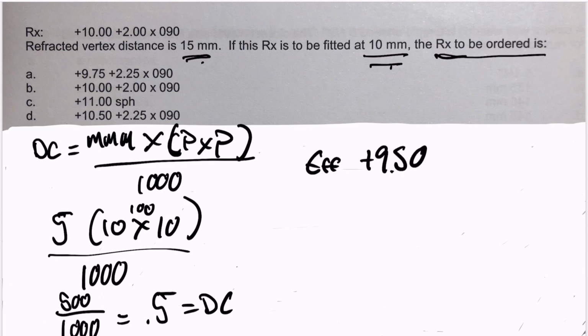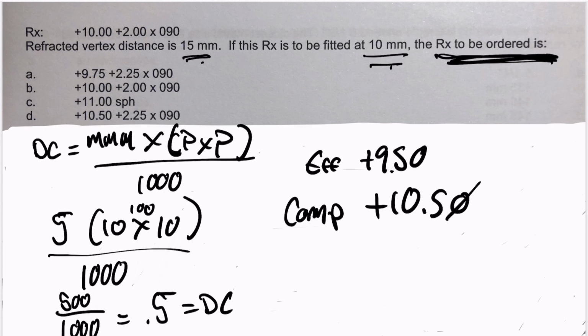But we're asking what is to be ordered. So in ordered, we need compensated. So we know that our compensated power is going to have to be a +10.50. Quick thing about taking the ABO exam or any multiple choice exam. If you look at this, knowing that we are going to need a stronger lens, there's really only two options. +10 is not stronger, +9.75 is not stronger.